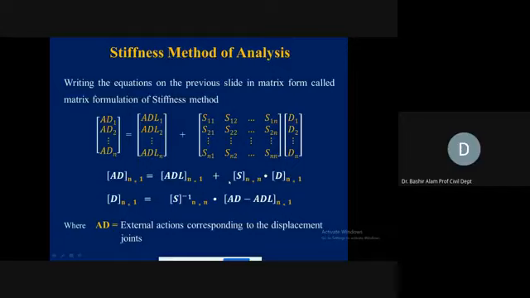Now, to solve this for the unknown joint displacements, we keep D on one side. So we take ADL to the left hand side, and it becomes AD minus ADL, which you can see here. We then multiply both sides by S inverse. So the final equation is D is equal to S inverse times AD minus ADL.